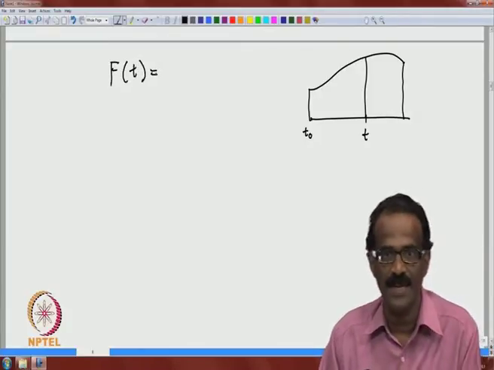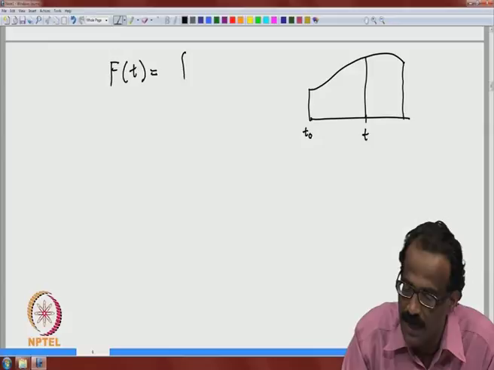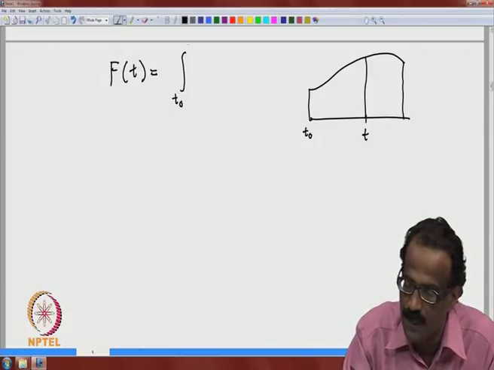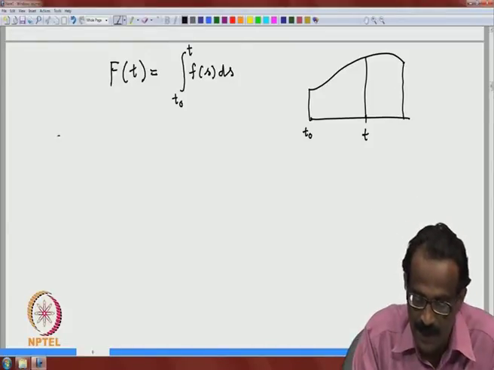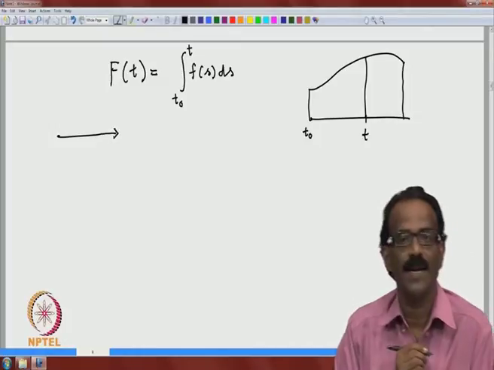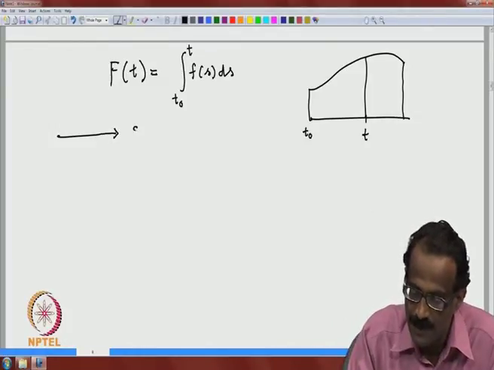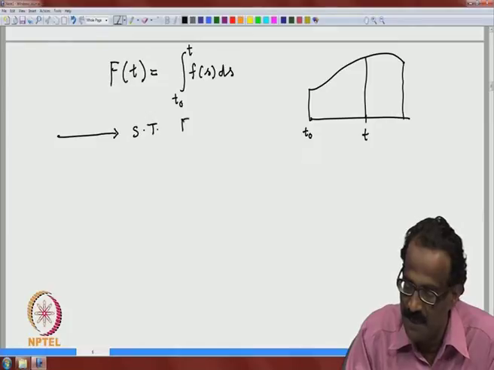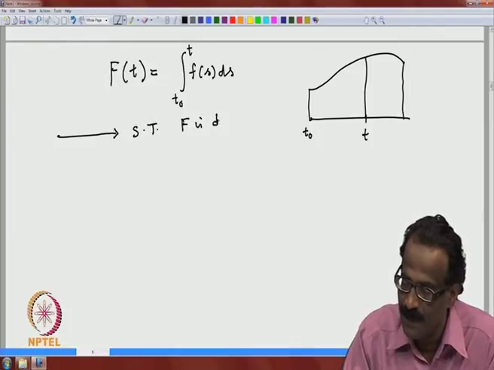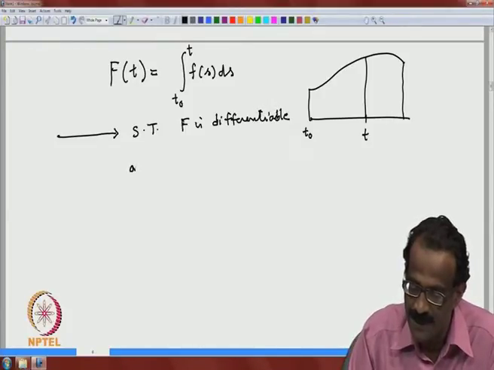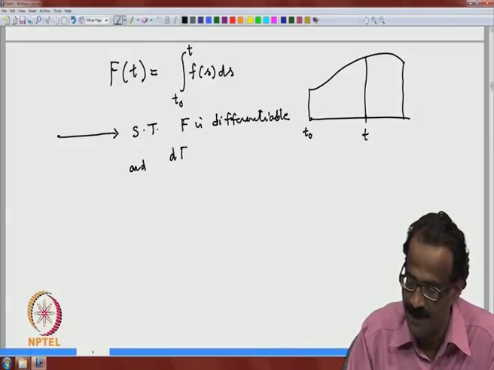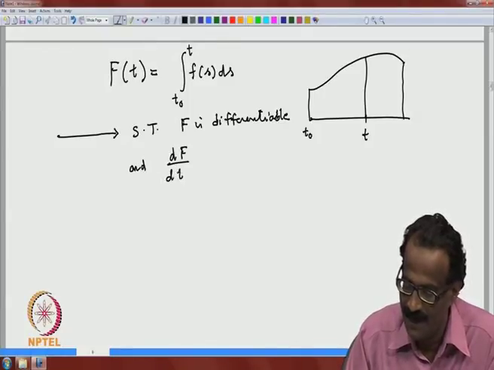After defining the integration via the area, you can define capital F of t equal to the integral from t naught to t of f of s ds. Then the next step one proves in integral calculus is to show that F is differentiable and compute its derivative dF by dt.